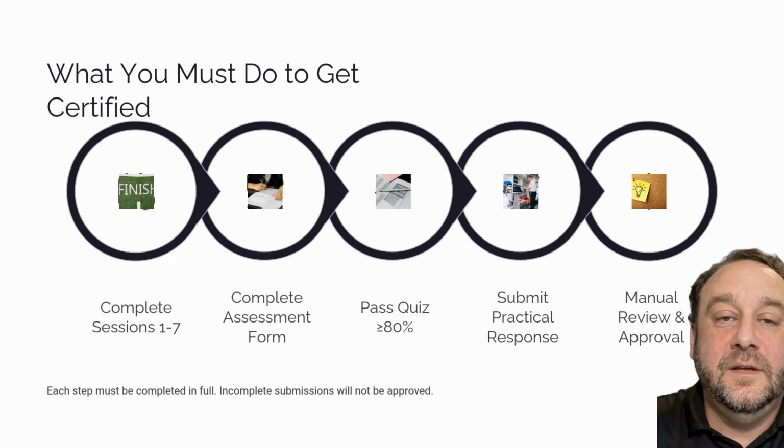First, you need to complete sessions 1 through 7 of the AI Professional Certification series. Second, you must complete the certification assessment form. Third, you need to pass the quiz with a score of at least 80%. Fourth, you must submit one short practical application response that shows how you use something from the training. And finally, your submission must go through manual review and approval.